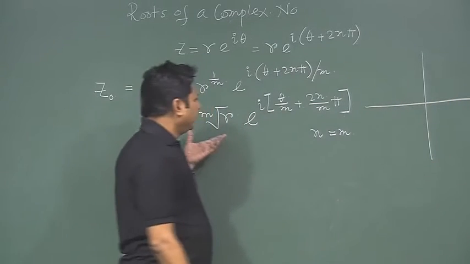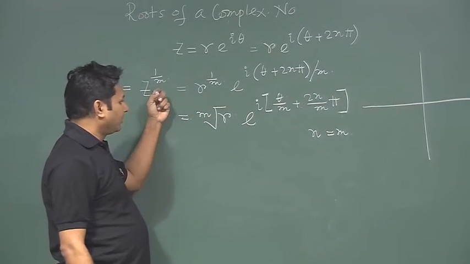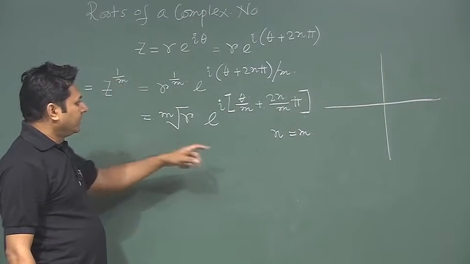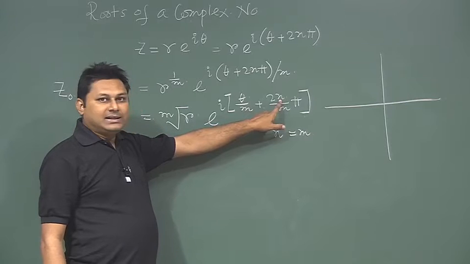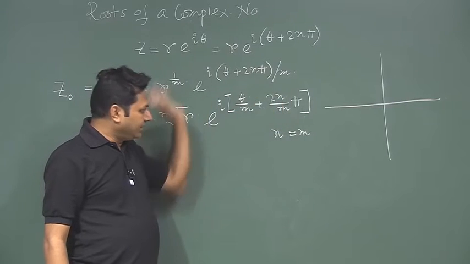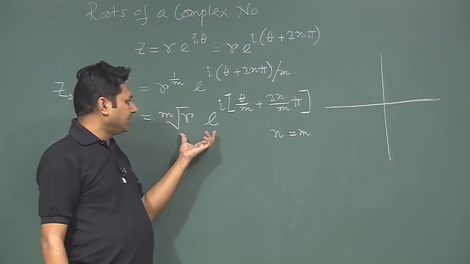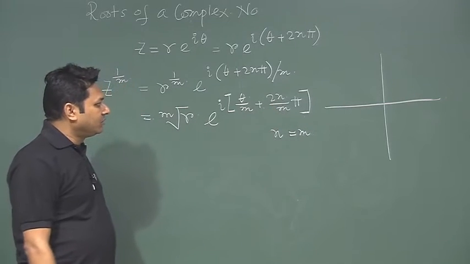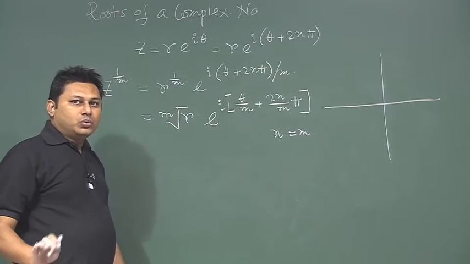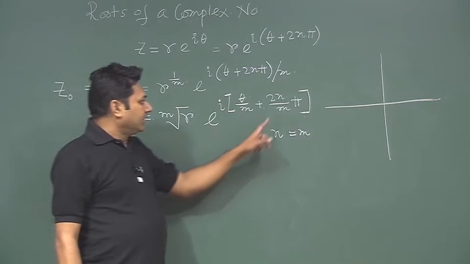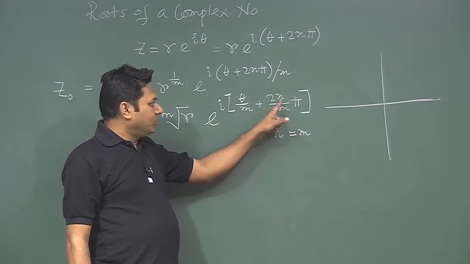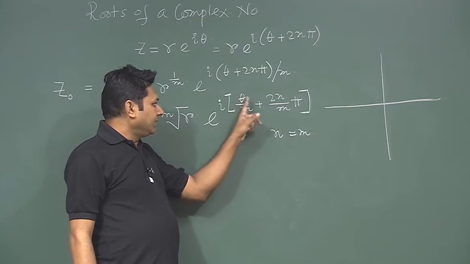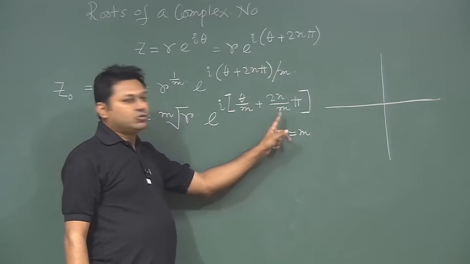So, how many roots you will find for m? If m is one single value, then because of this n is changing, you will have in fact infinite number of points with the value of n. I will show you the example, then these things will be clear, but I would like to appreciate at that point that when the value of n is equal to m, you will have theta divided by m plus 2 pi.